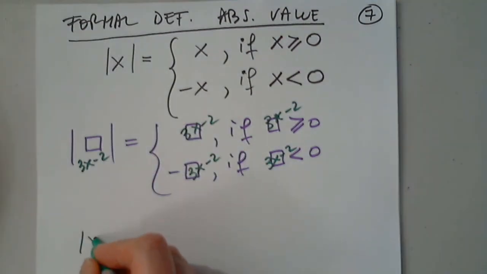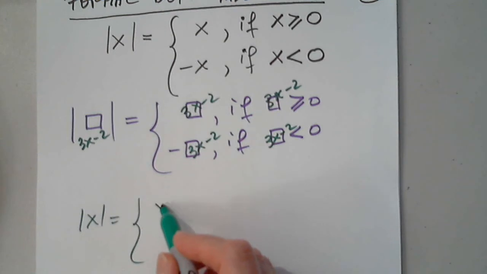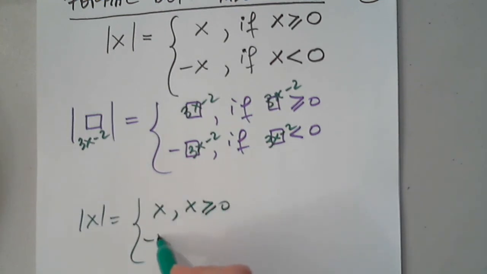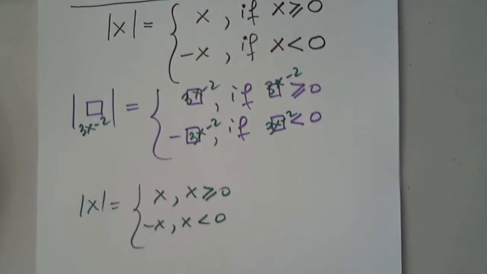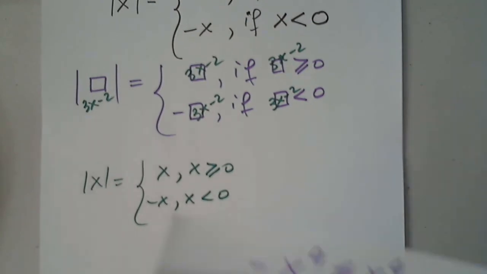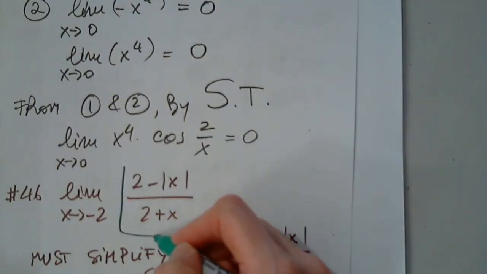So we will write the absolute value again, because that was the discussion. So we have x for x greater than or equal to 0, negative x for x less than 0. This is not what we are interested in. Our function is this.